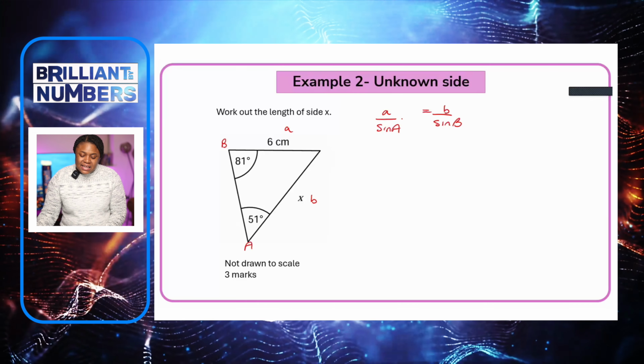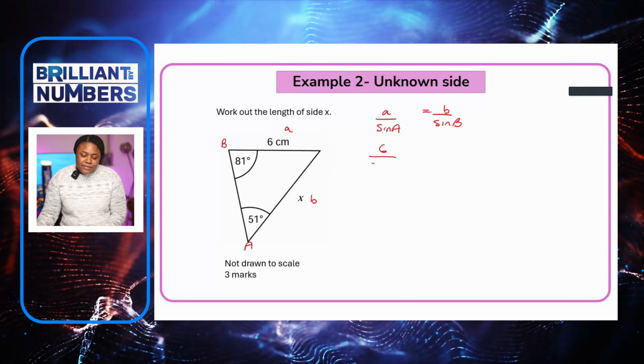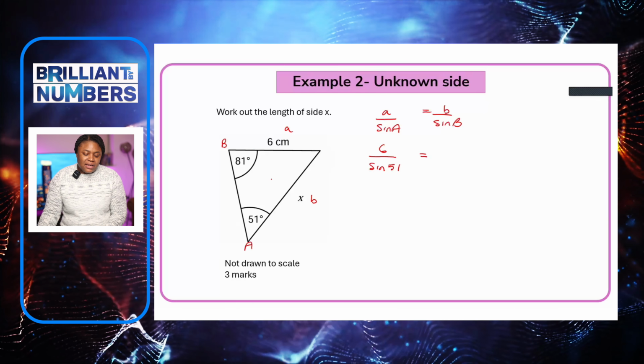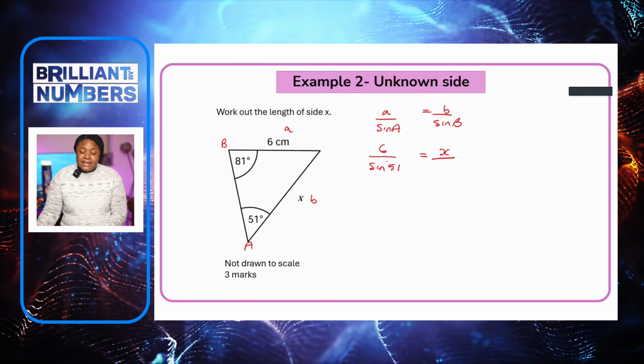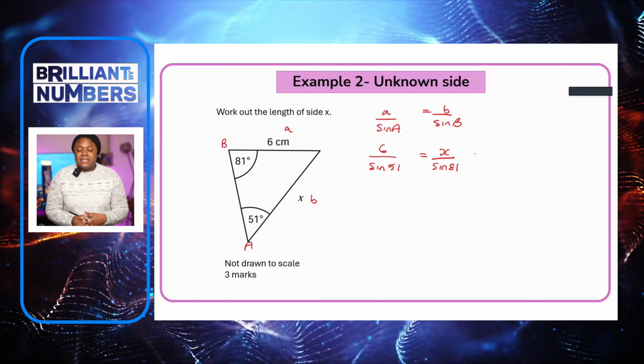So little a is 6, so 6 divided by sine 51, and that's equal to b, and little b is actually x, which we're trying to find, divided by sine of 81 degrees.